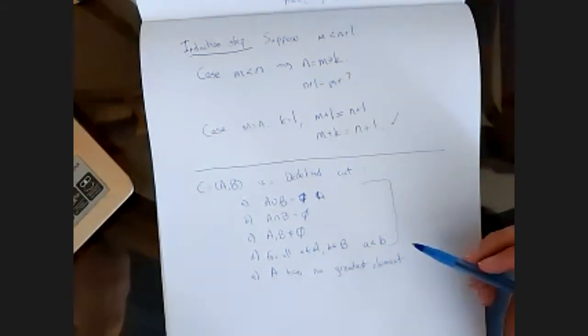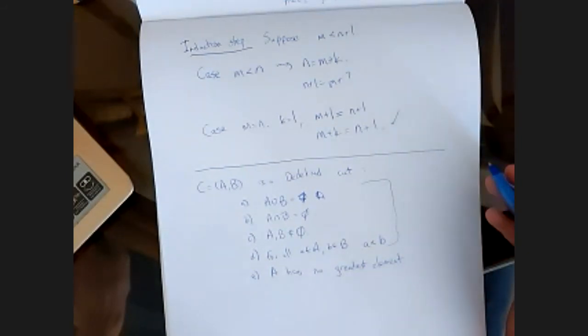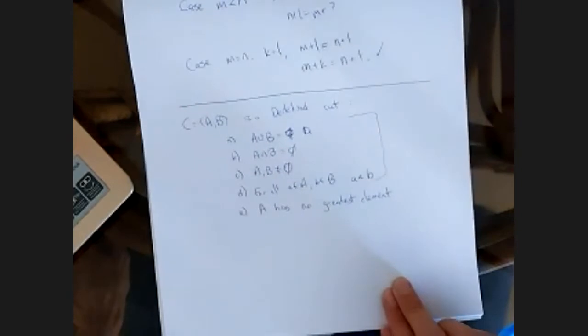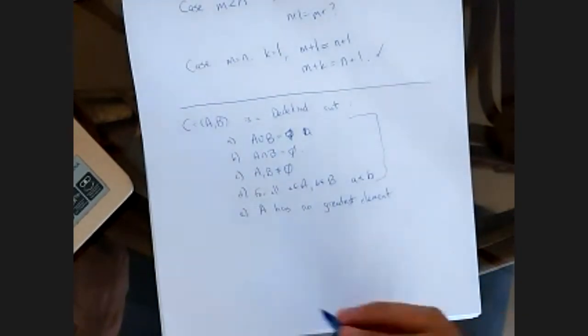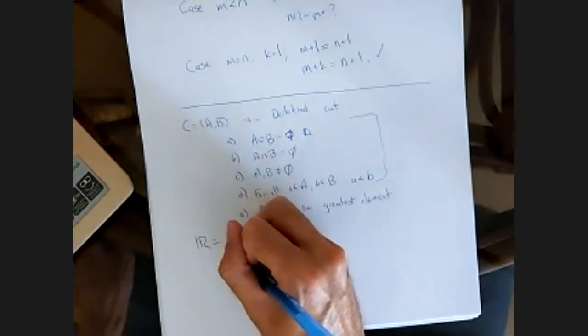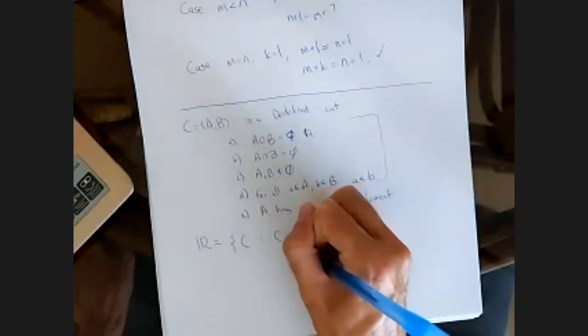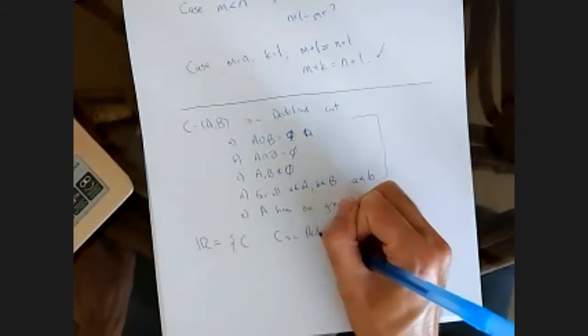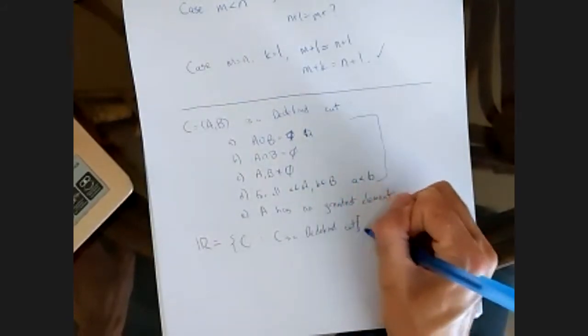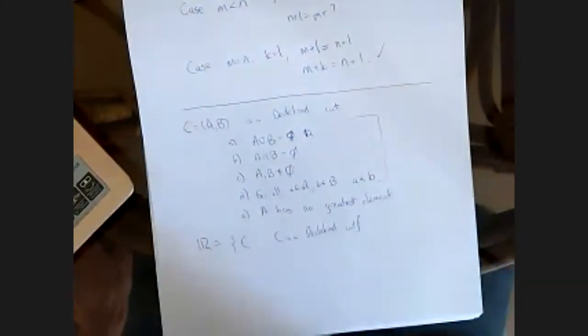Okay, and we saw how we could use square root 2 to define a cut, and we could also define any rational cut in a kind of natural way. And now we define R as the set of all C such that C is a Dedekind cut.